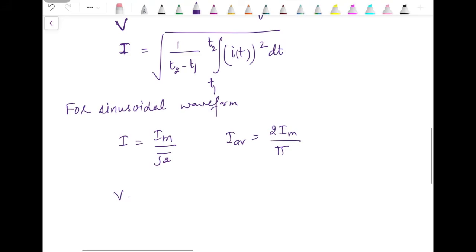Similarly, we can write the same for voltage. Voltage is Vm by root 2 and V average is 2 Vm by pi. So based on this RMS and average value, I will solve the problems related to different waveforms in the next video.